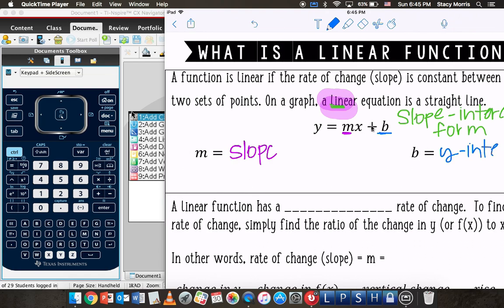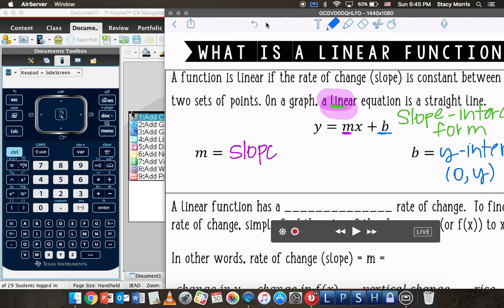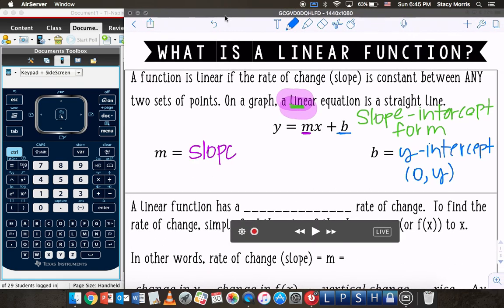A y-intercept is where x is 0, so it's always going to be 0, comma, some y value. So the y-intercept is always where the line crosses the y-axis. So again, slope-intercept because you have the slope and the y-intercept. Sorry, my e's are not coming out very good today.